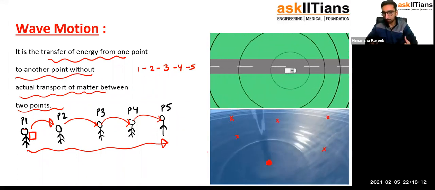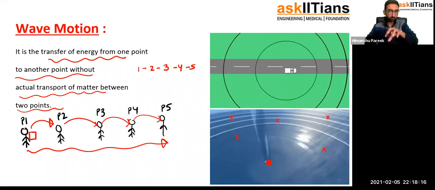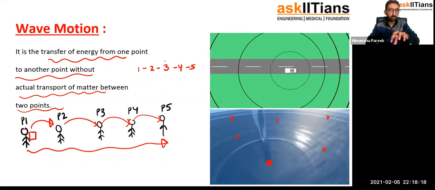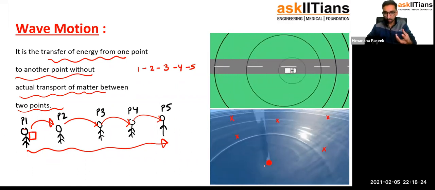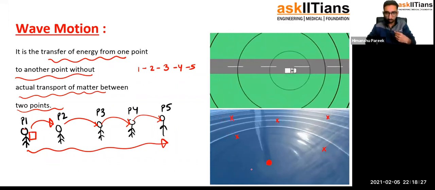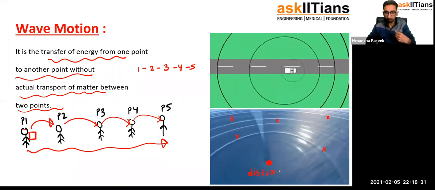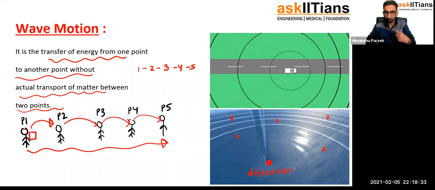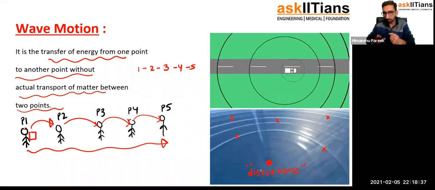So basically what happens when you exert some force here, which I am referring to as a disturbance, or you can call it a passing of energy. I'm producing some disturbance at this place. Now this disturbance will go forward.